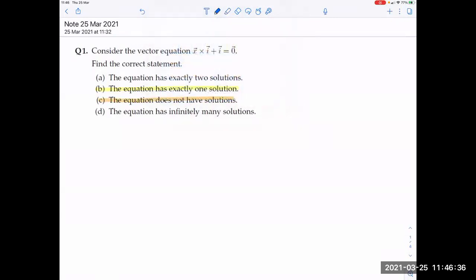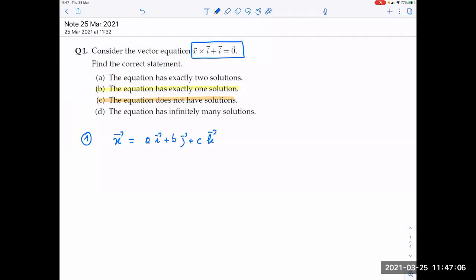So first, what we are given is a vector equation, okay? So there are two ways in which you can deal with this vector equation. So here it is. One way is to say, well, I'm looking for a vector x, so it's going to be something like ai plus bj plus ck.